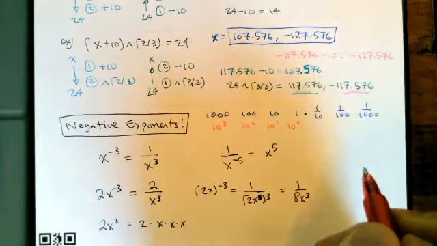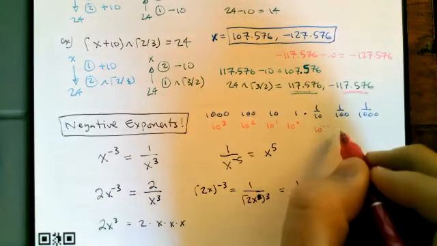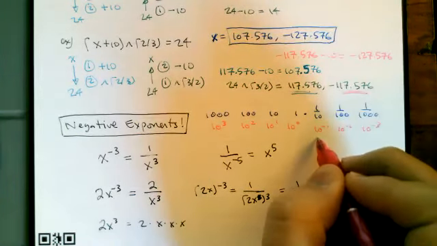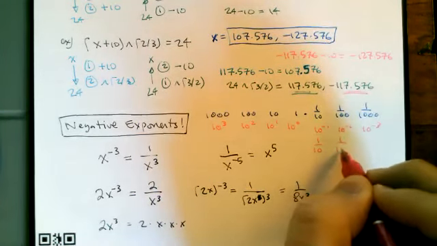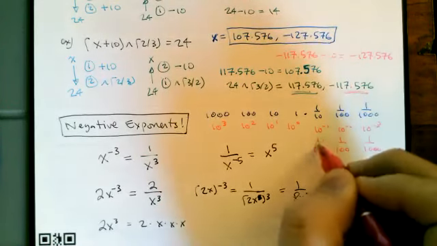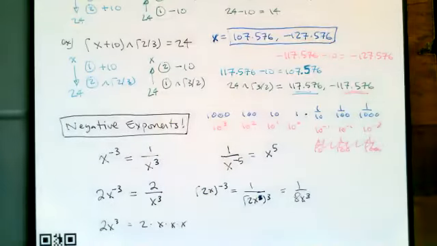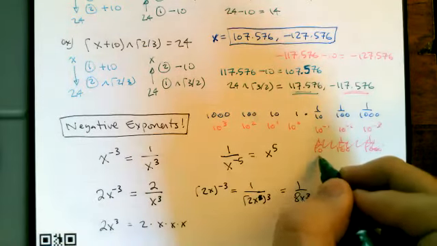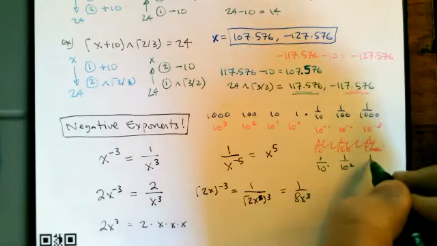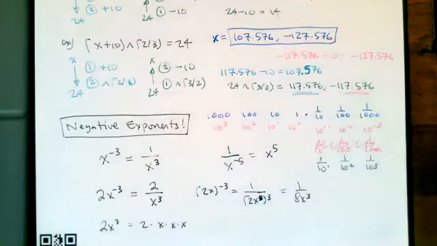I wonder where we're headed next. 10 to the -1, 10 to the -2, 10 to the -3, or 1/10th, 1/100th, 1/1000th. Oh, I had already written those, so ignore that. But we could write that as 1/10 to the first, 1/10 squared, 1/10 to the third. So we have encountered negative exponents before.